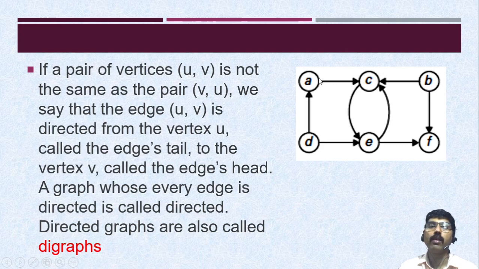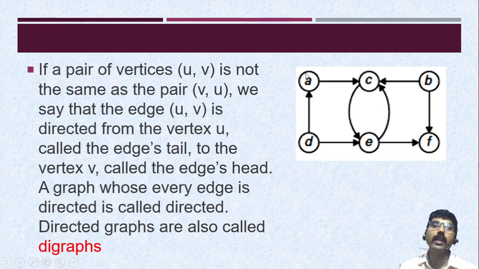This part is called the tail, and this part is called the head. In a simple way, if A is one city and C is another city, and there is a path between A and C, I can travel only from A to C using this path. I cannot go back along this line. I cannot go backwards.